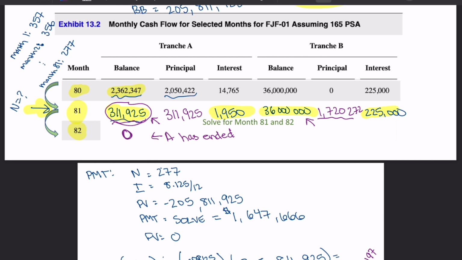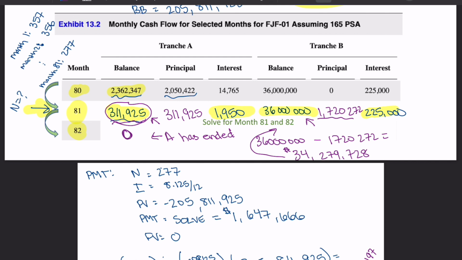Looking at our balance the previous month, the $36 million, we paid $1,720,000 towards it. So our beginning balance the next month is $34,279,728. That would be our new value in row 82 for beginning balance.